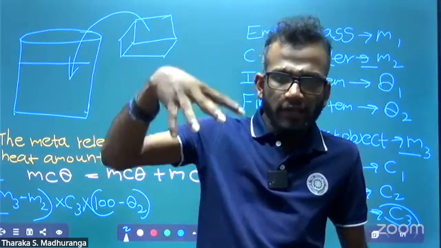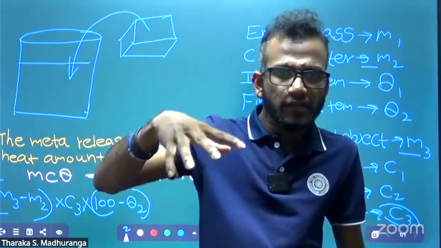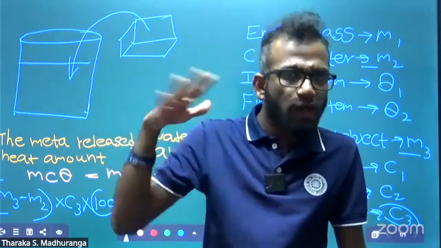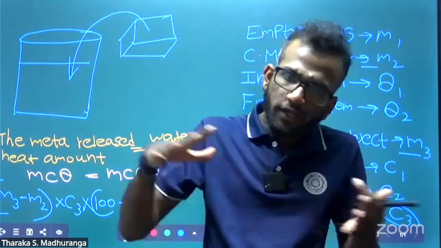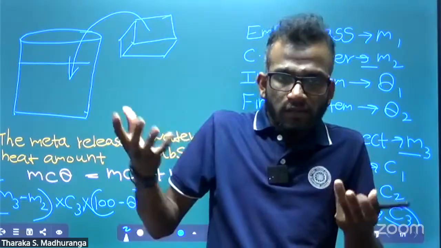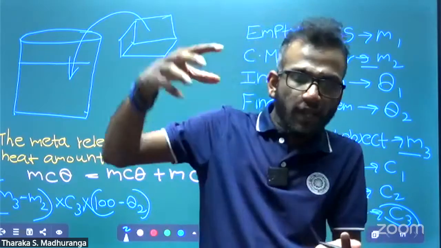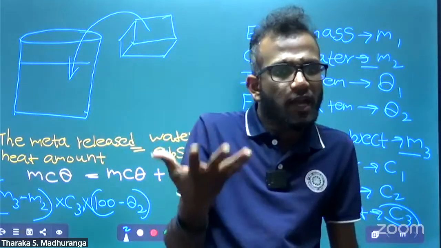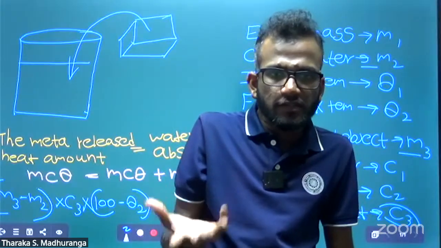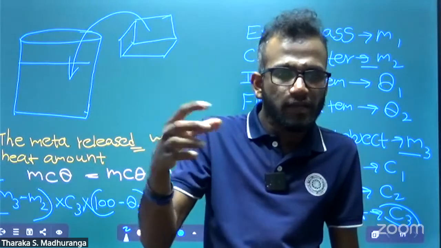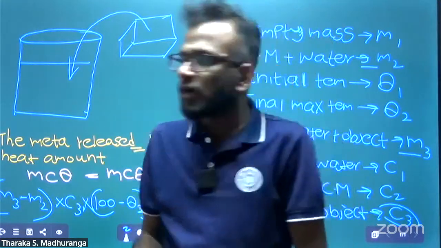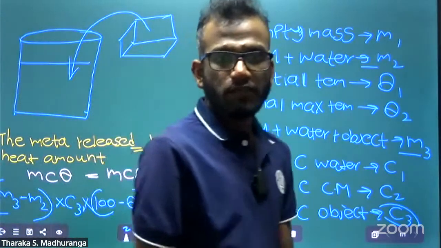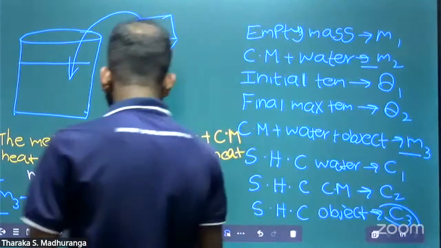Just adding it to a water bath and heating. The water temperature can increase to a maximum of 100 Celsius, because 100 is the boiling point. So we submerge the metal into the water and heat it up to 100 Celsius. Then the metal piece temperature is 100, so 100 minus theta 2 is the temperature difference of the metal piece.